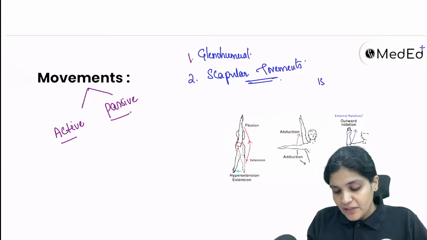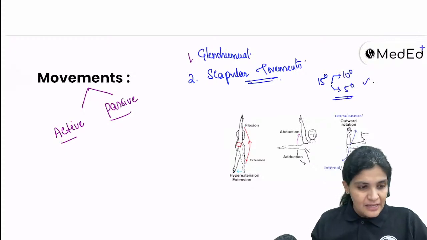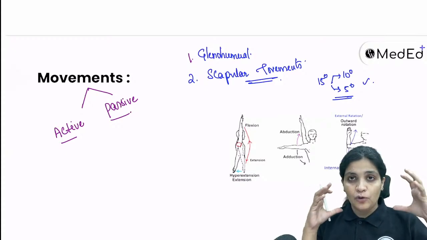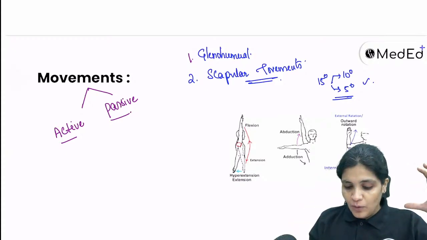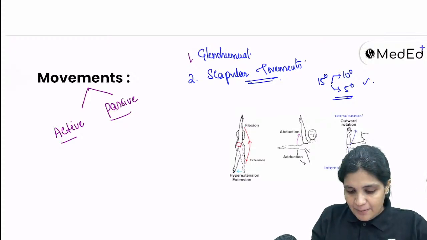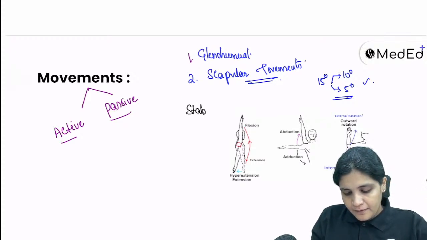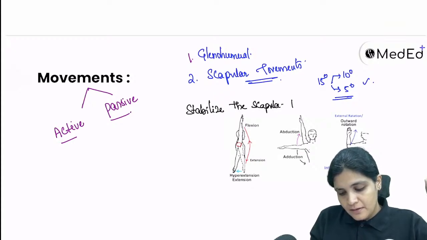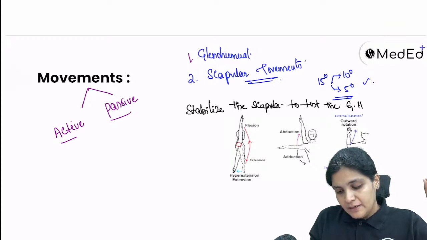So for every 15 degrees, there is 10 degrees of glenohumeral and 5 degrees of scapular movement, right? This is what you have to remember. So whenever you want to test the glenohumeral joint individually, then you have to stabilize the scapula.